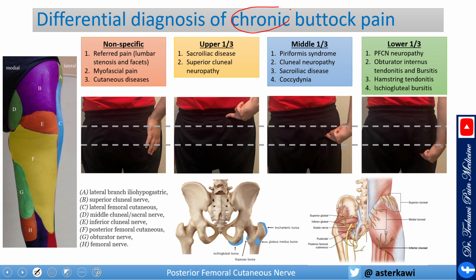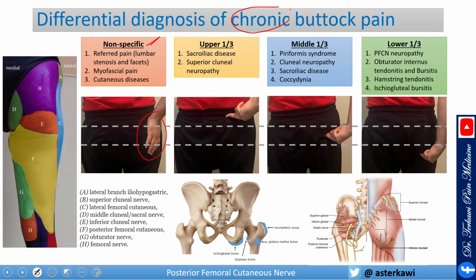The way I like to think about this is to classify it into 4 different presentations. If the patient uses the entire hand to point to the buttock pain, I call this non-specific.